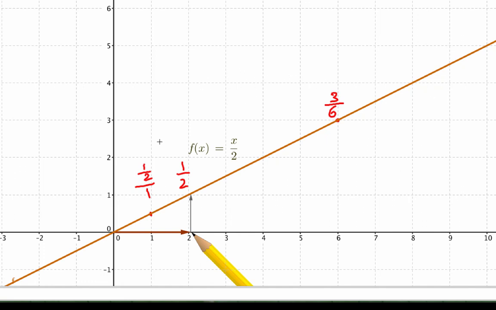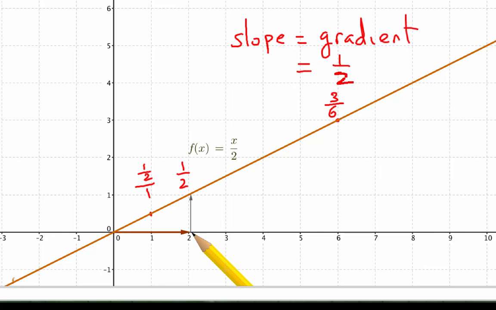In each case, we have half, half, and half. This half is the slope or the gradient of this straight line. Slope is also called gradient, and in this particular case, it is half.